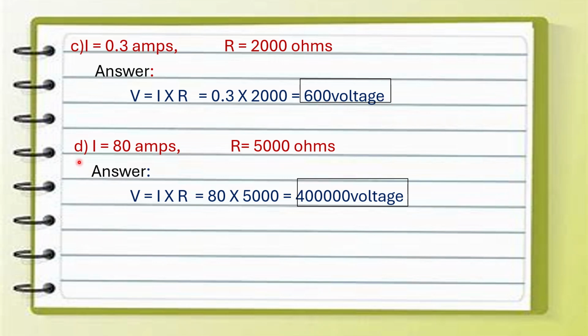D sum is I equals 80 amps, R equals 5000 ohms. What we have to do? We should find the answer. V equals I into R. So we should substitute the values of I and R. So 80 into 5000.